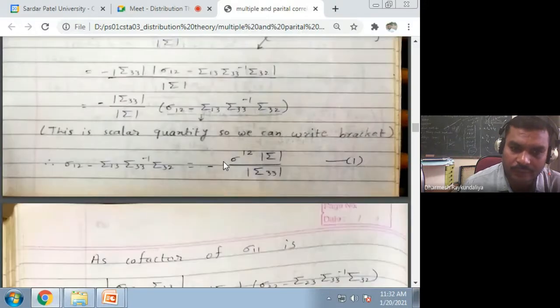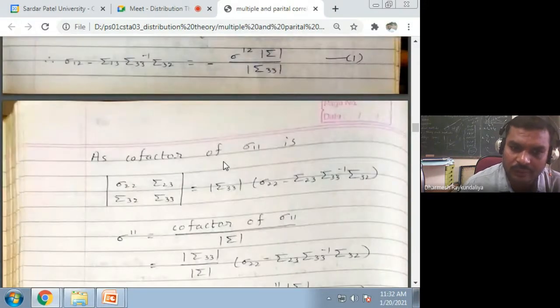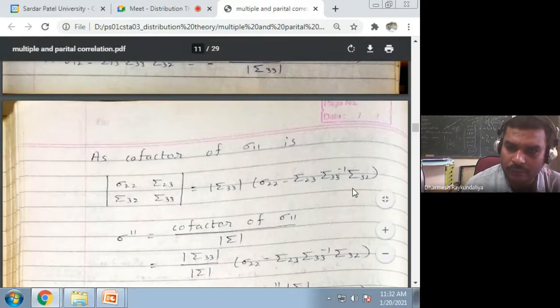So you can see that inverse sigma 1 1 is nothing but the cofactor of sigma 1 1, and the cofactor of sigma 1 1 is the determinant of sigma 2 2, sigma 2 3, sigma 3 2, sigma 3 3. This can be written as determinant of sigma 3 3 times sigma 2 2 minus sigma 2 3, sigma 3 3 inverse, sigma 3 2. Just substitute this coefficient over here.